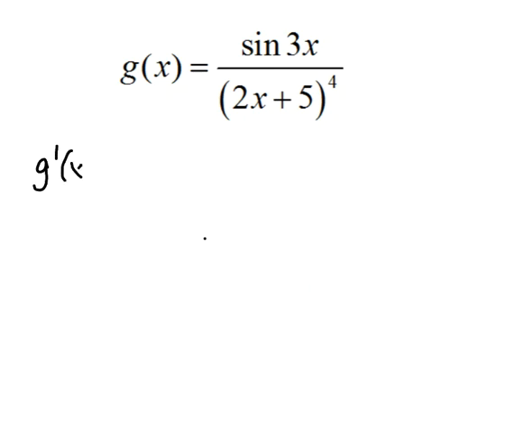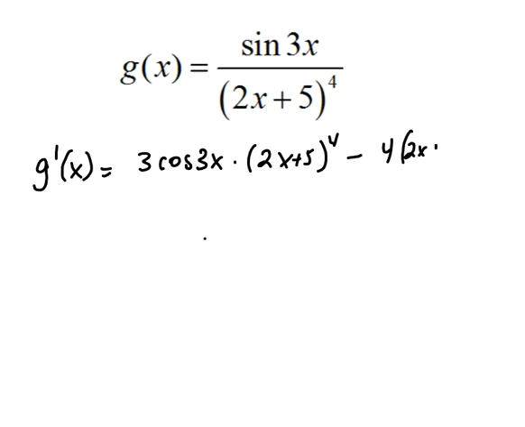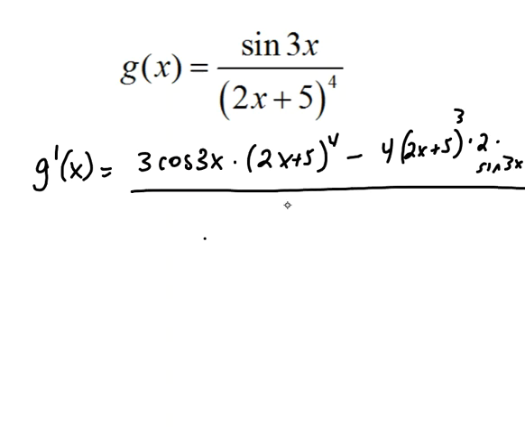So we're going to have g prime of x: the derivative of the high, so that's 3 cosine 3x, times the denominator (2x plus 5) to the fourth, minus the derivative of the bottom, low, 4 (2x plus 5) to the third times 2, chain rule kicker, times the numerator sine 3x, all over (2x plus 5) to the fourth, squared.